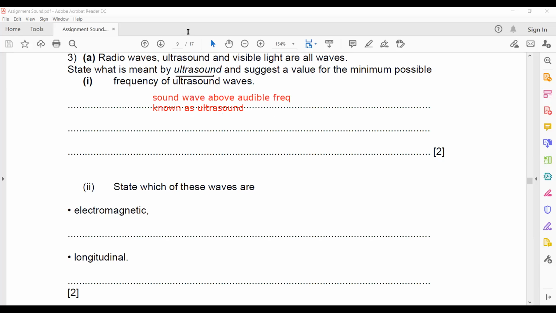And what will be the frequency? The minimum possible frequency will be 20,000 hertz or more, you can take any value. Or 20 kilohertz you can also write or mention.